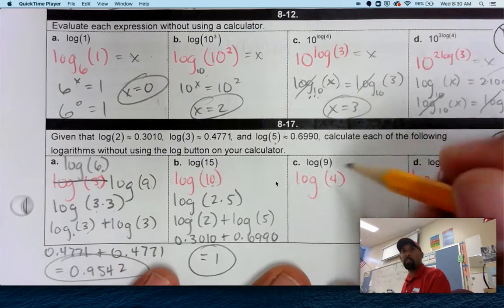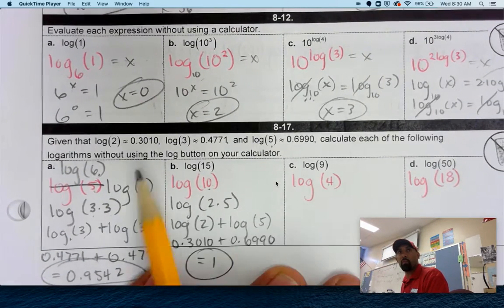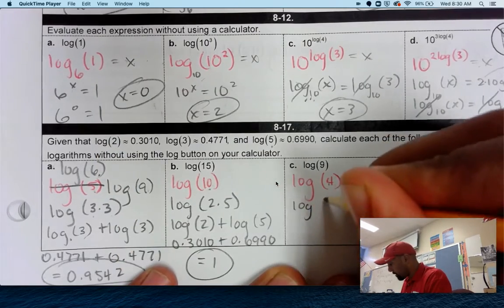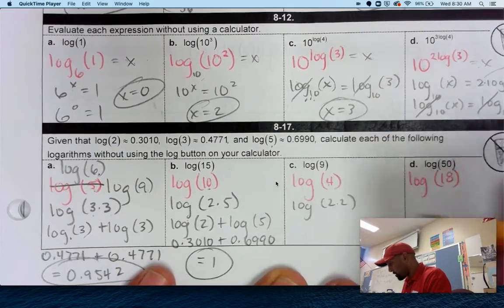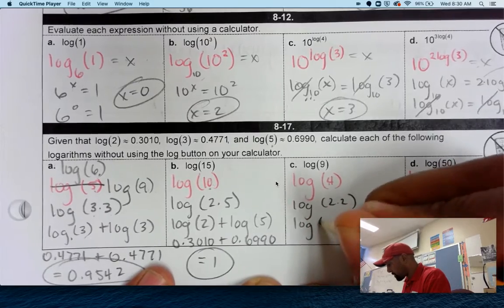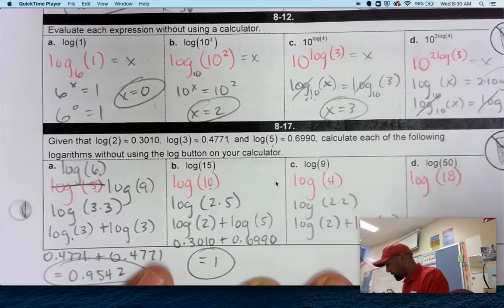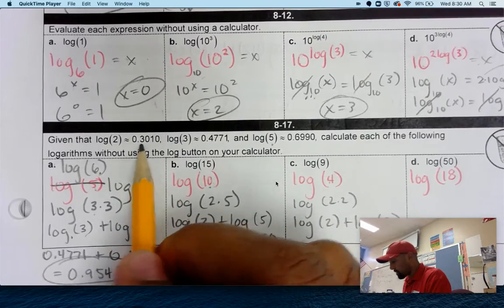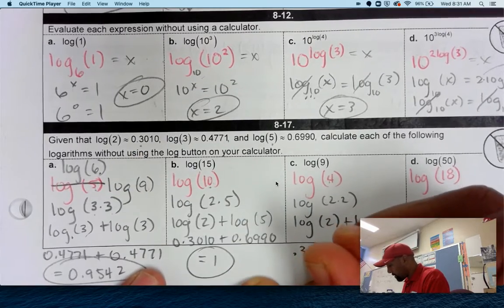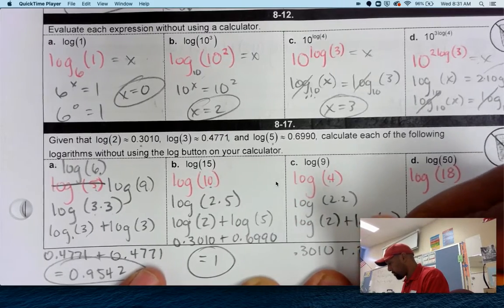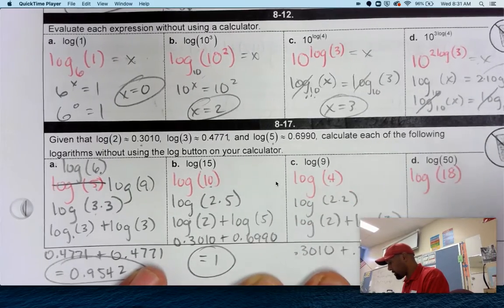Okay. All right, so now this one, 4, well, that could be 2 times 2. So we're going to do log of 2 times 2, then we'll split it up. So maybe by now you guys are kind of getting the idea here after watching a couple of these. So now it's going to be basically 0.3010 plus 0.3010.